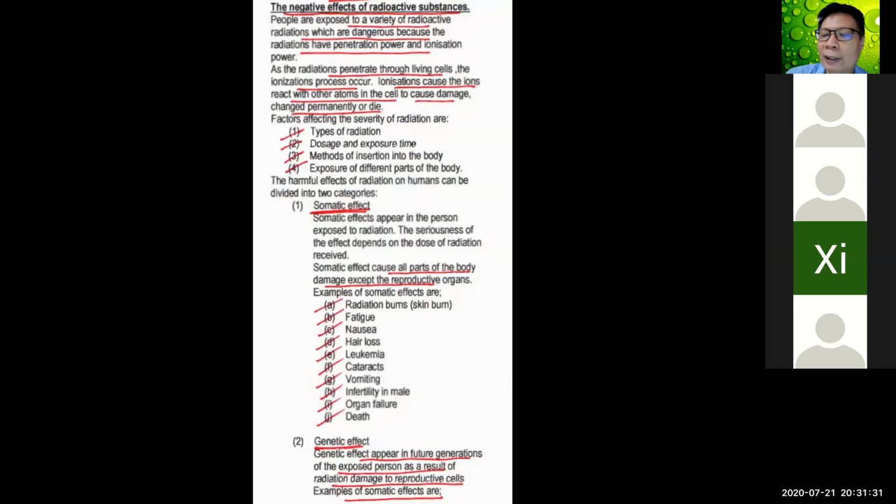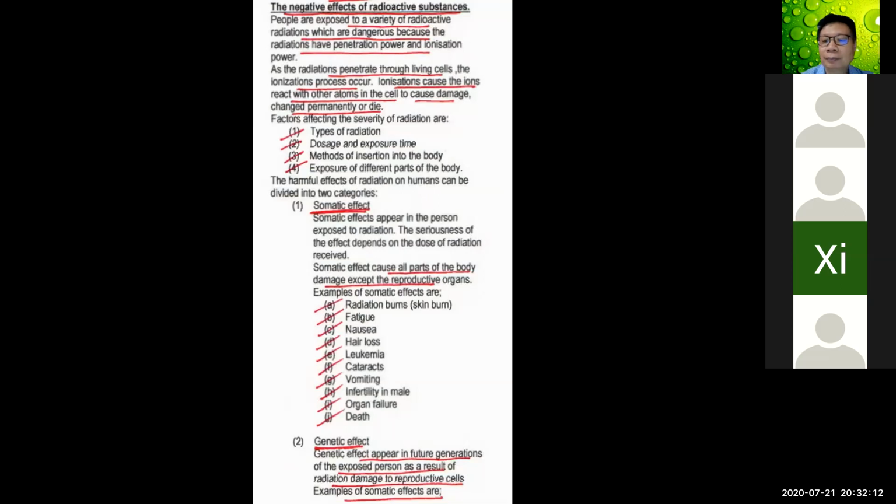Look at the screen, 1, 2, 3, 4. Types of radiation. Dosage and exposure time. Methods of insertion into the body, how it went into our body. And the last one is exposure of different parts of the body. Different parts of the body give different levels of danger. Thank you, Pong.